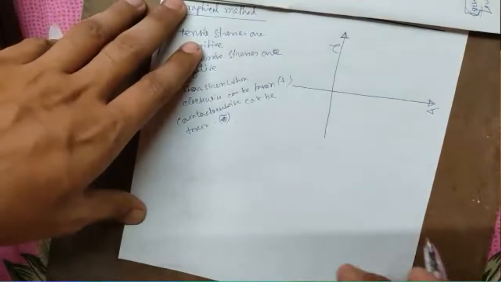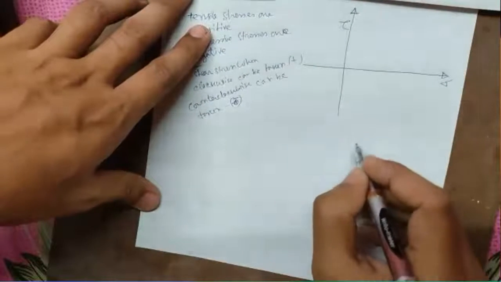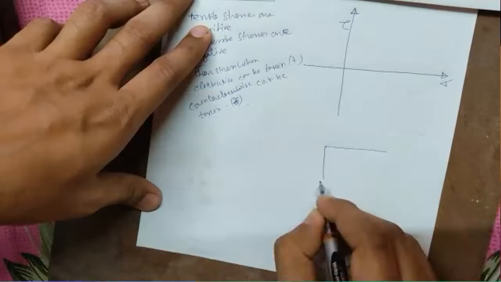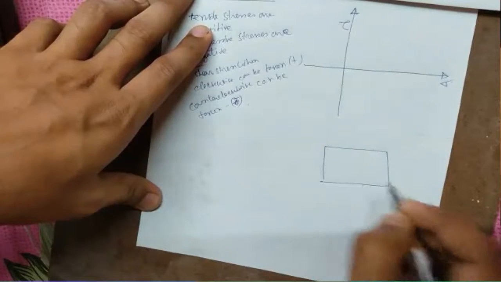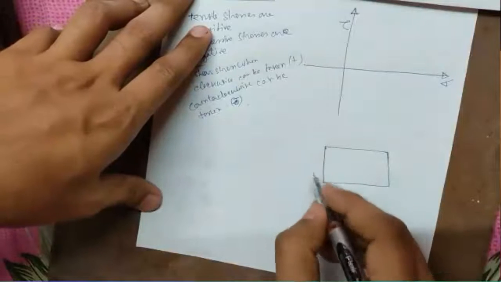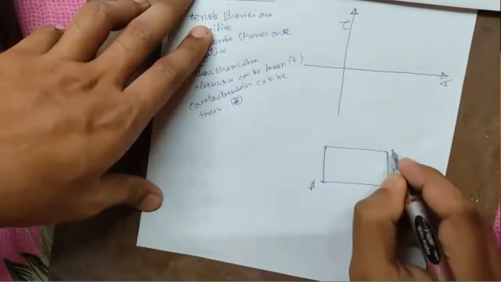Let us draw the diagram again. This is a cross section of unit thickness. The names are as such: A, B, C, D.